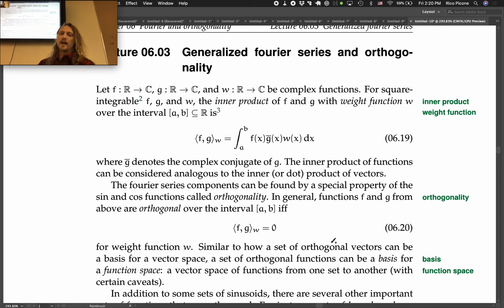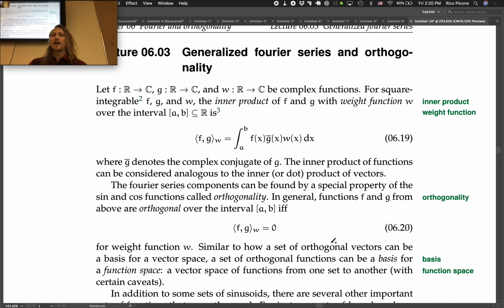Similar to how a set of orthogonal vectors can be a basis of a vector space, a set of orthogonal functions can be a basis for a function space, which is a vector space of functions from one set to another, with certain caveats, like it has to have an inner product defined on it and all that. So you can see the analog here, where you take the dot product of two vectors that are orthogonal, and you get 0.